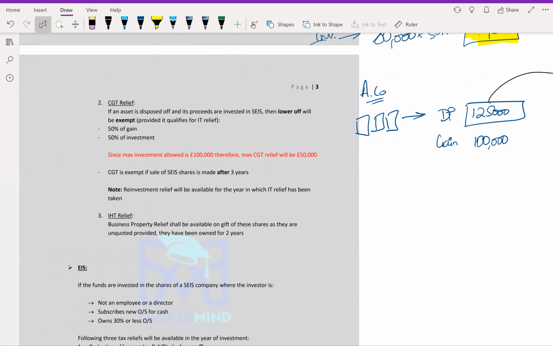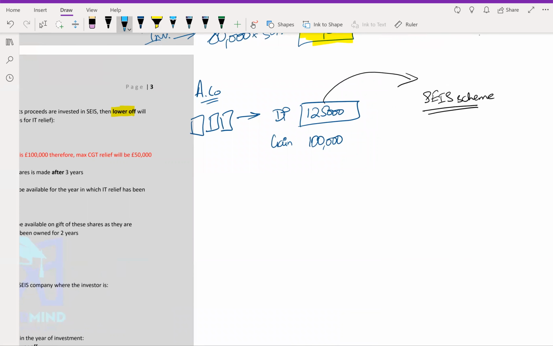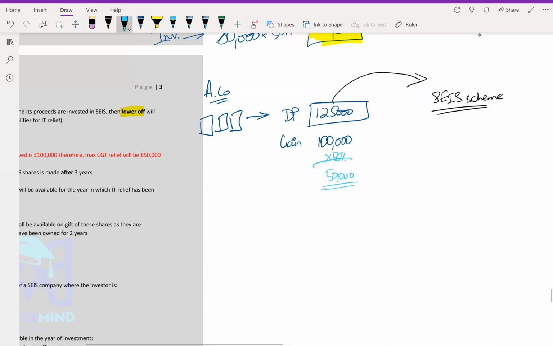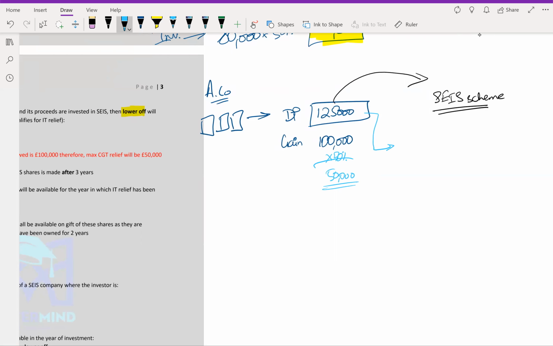The point is the lower of the two will be exempt. So 50% of the gain on the previous asset, which turns out to be 50,000, and 50% of the investment.